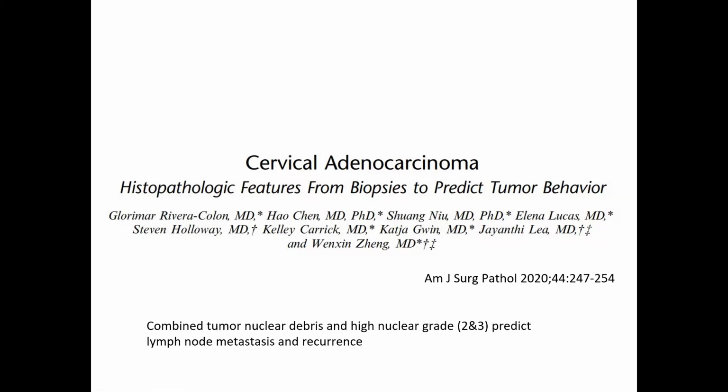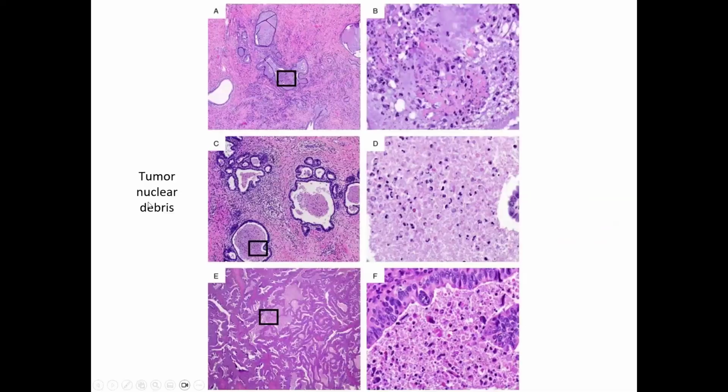That's interesting. Look at this case here, this is probably an adenocarcinoma. Why do we have nuclear debris in the lumen? Look at this nuclear debris. Yeah, this is an AIS, or this is an adenocarcinoma, but it has nuclear debris. This is definitely an adenocarcinoma with nuclear debris.